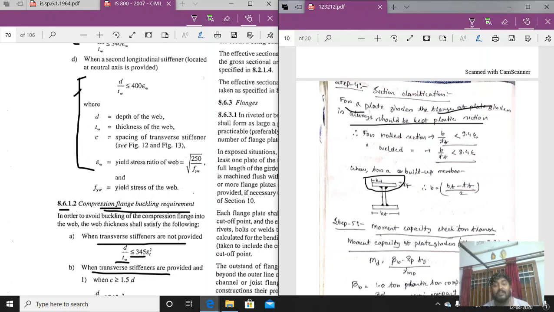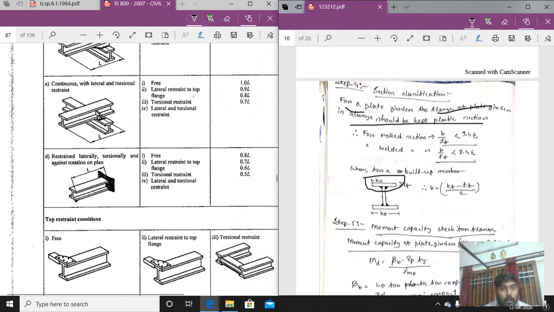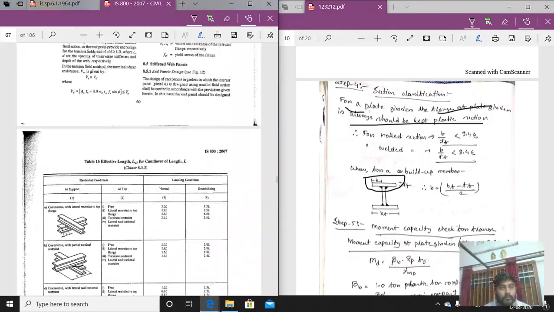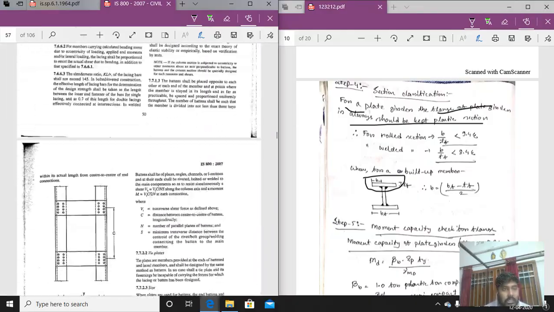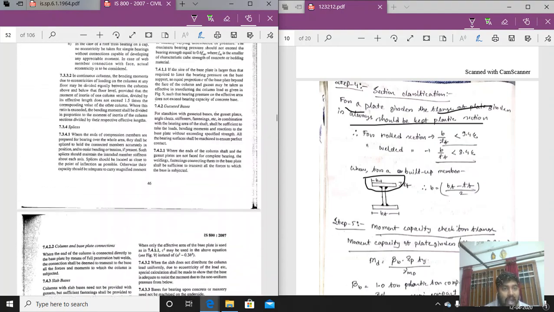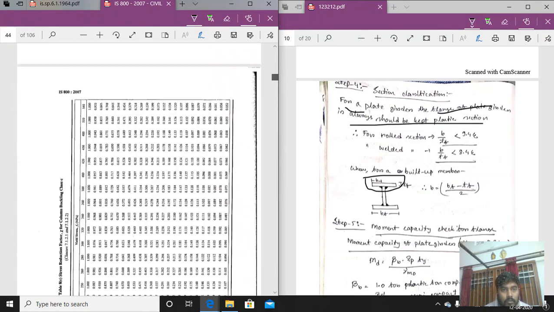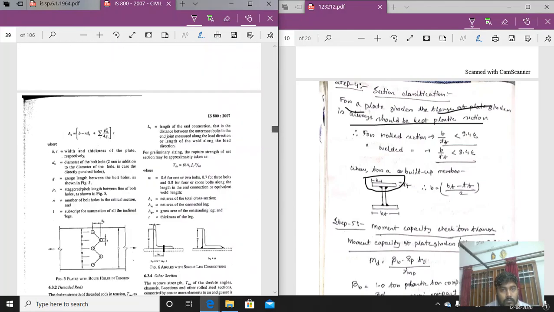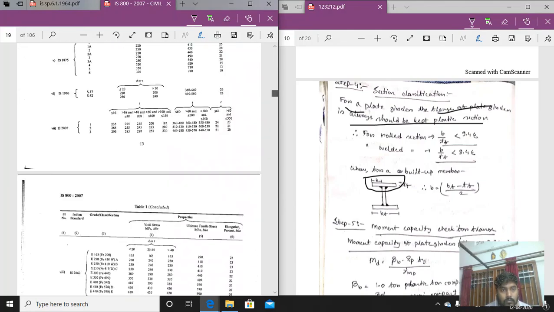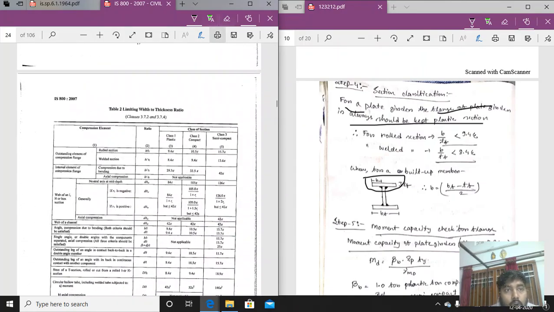So for that, now coming to the chart. Now let us come to that chart value. Okay, so this is the chart value.